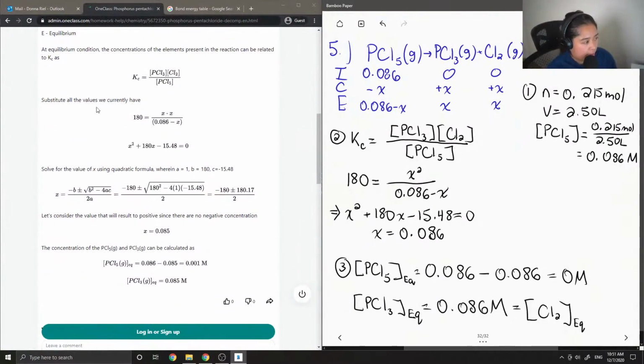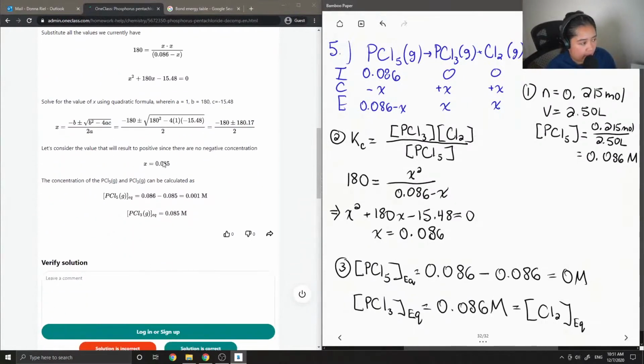Substitute all the values we currently have, and they got x squared plus 180x minus 15.48 is equal to 0. Solve for the value of x using the quadratic formula, where a equals 1, b equals 180, and c is equal to minus 15.48. They got an x value of 0.085.